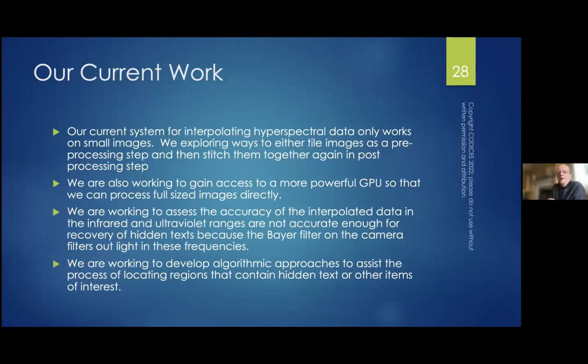Because a standard camera doesn't capture infrared, there's a filter that filters out the high and the low. Our model interpolates that data, but I don't know that we know it's accurate, because it's not there. You're generating data, interpolating a value beyond what's in your data set.